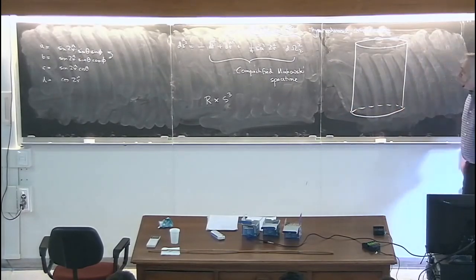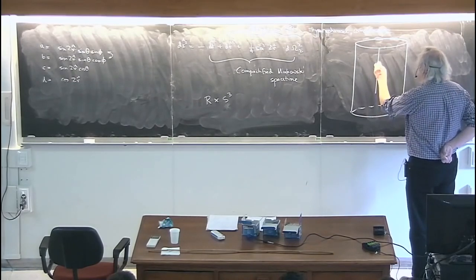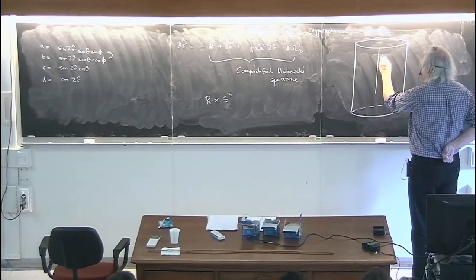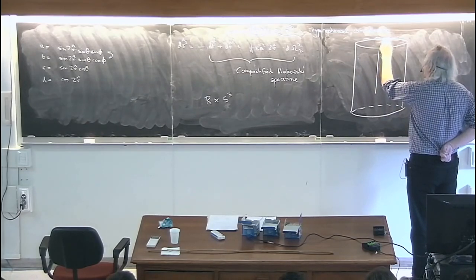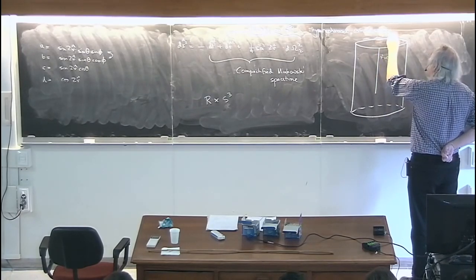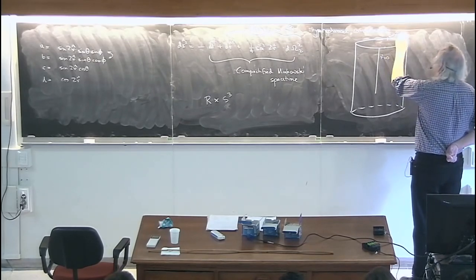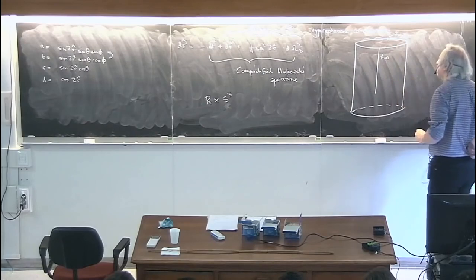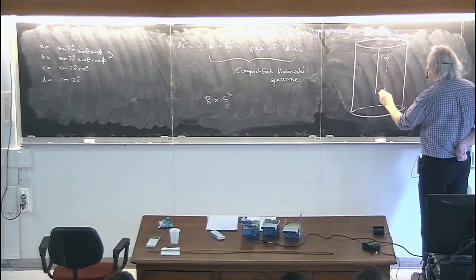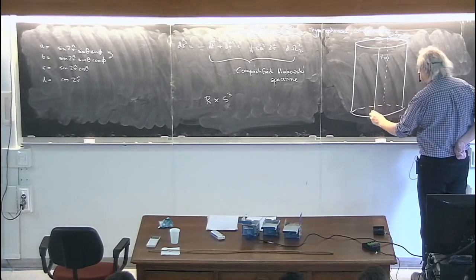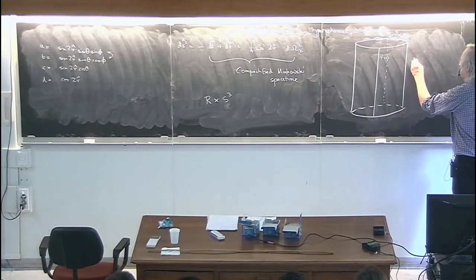So I'm going to put this line to be r hat equals 0. And this line here is going to be r hat is equal to pi by 2. And t hat goes up like that.